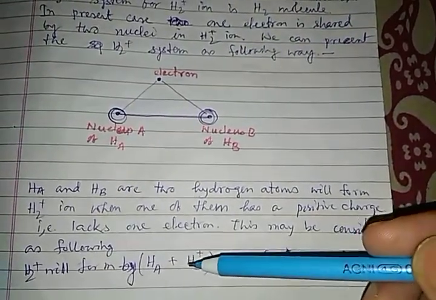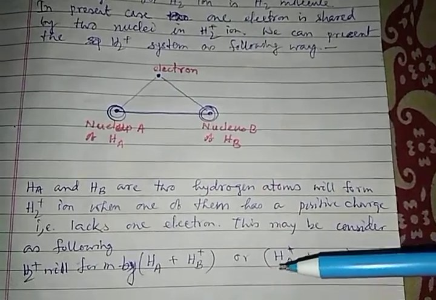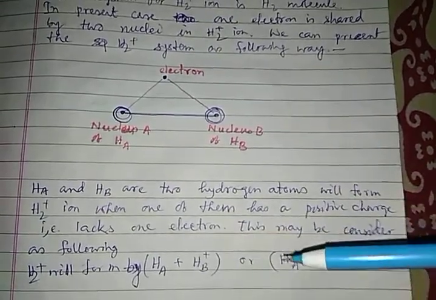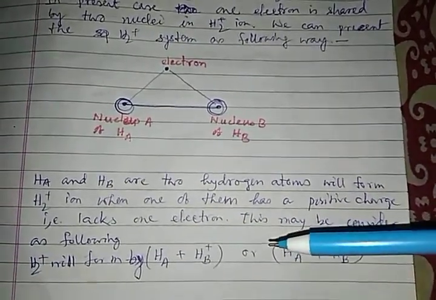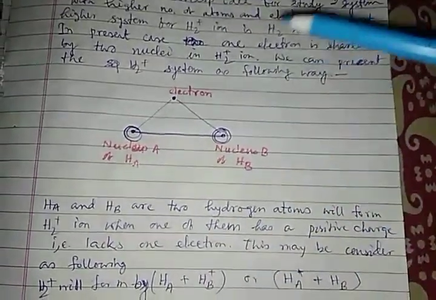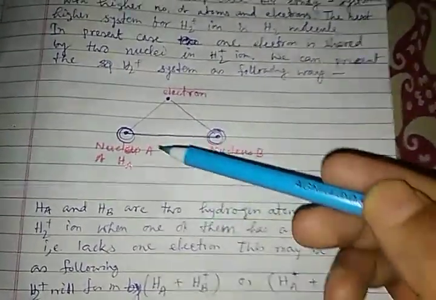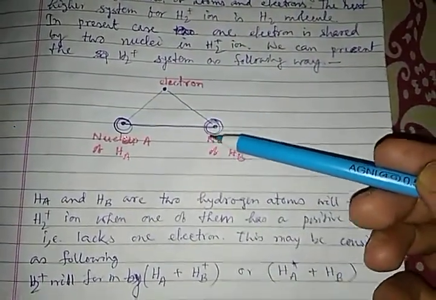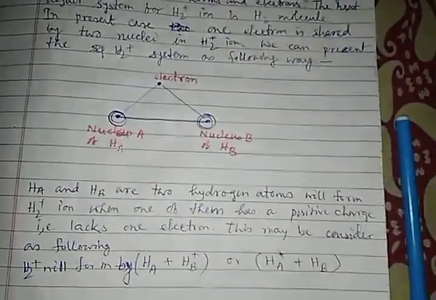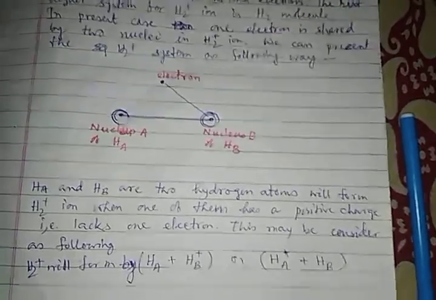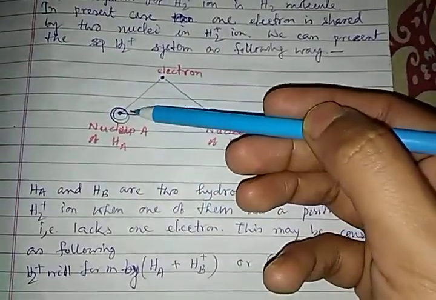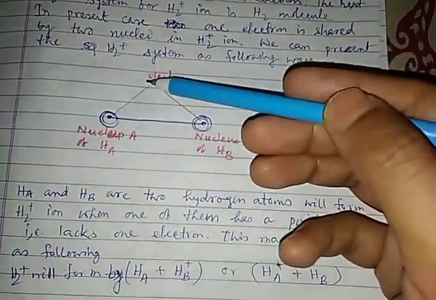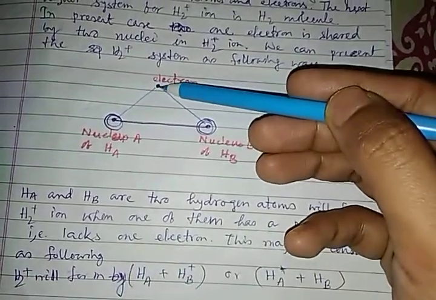So either HA or HB will be a proton, and the counterpart will be the hydrogen atom. This is the possibility of forming this type of molecular ion system. These are labeled as the nucleus of the HA atom and the nucleus of the HB atom, and they are sharing a single electron which resides here.